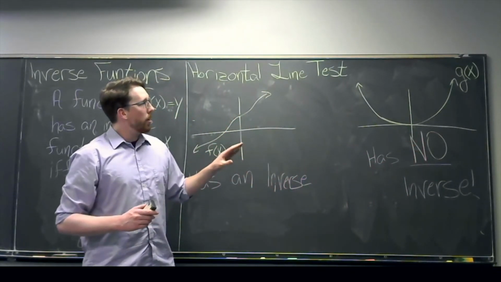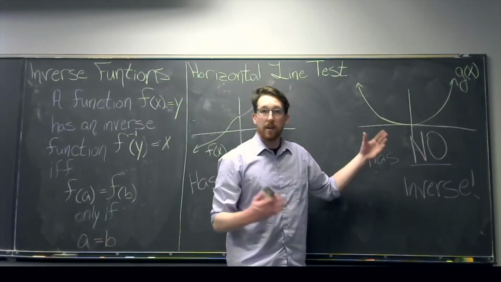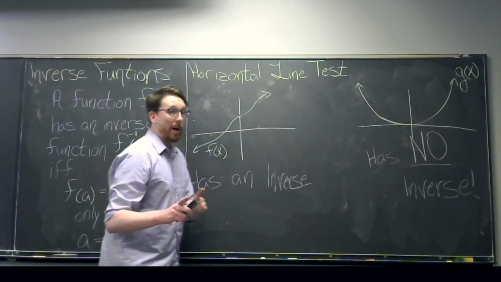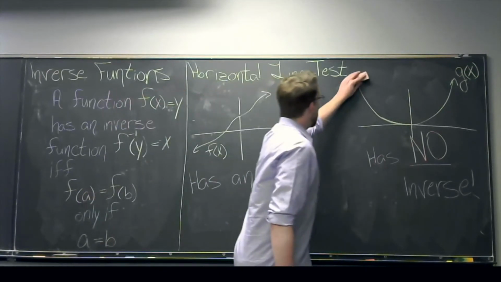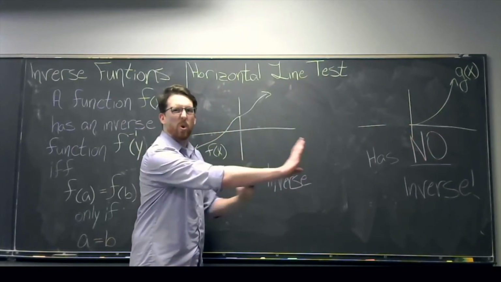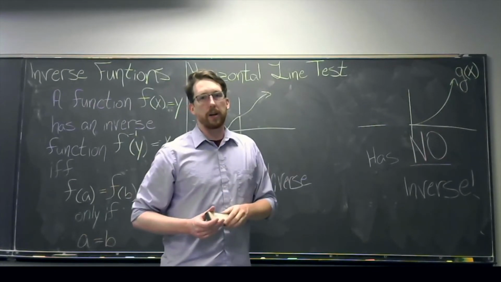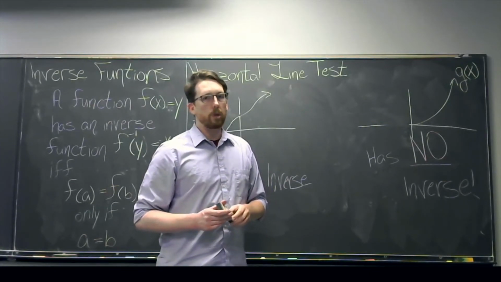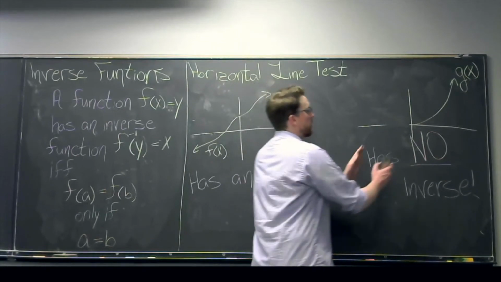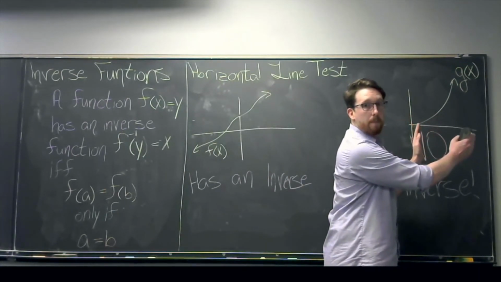So, in general, g of x does not have an inverse function. But, if we were to restrict ourselves to just the right half, or just the left half of g of x, then we could come up with an inverse function. So we can come up with inverse functions on parts of our function, but not the entire thing.